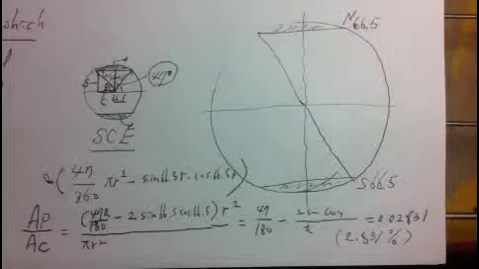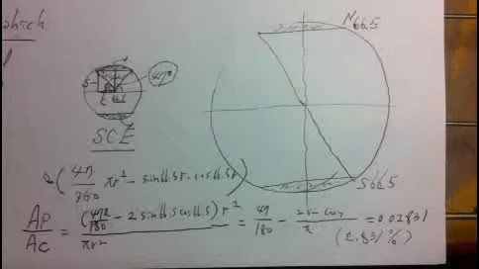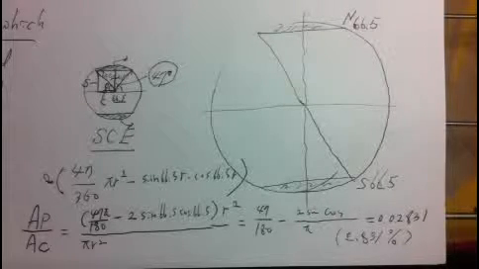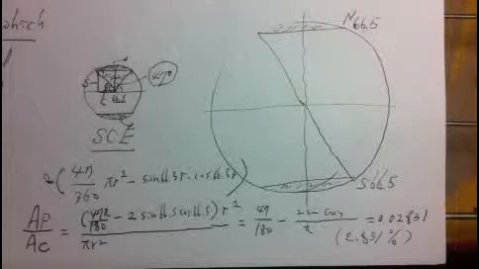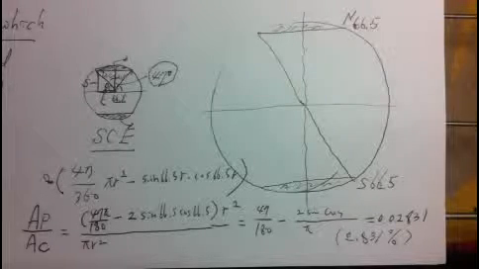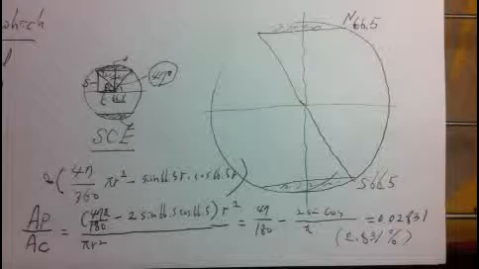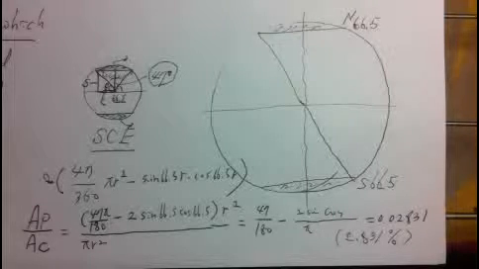Okay, very simple. For the polar zones, we have 66.5 degrees from the 23.5 axis, and then 47 degrees with the circle, and we get two small areas.